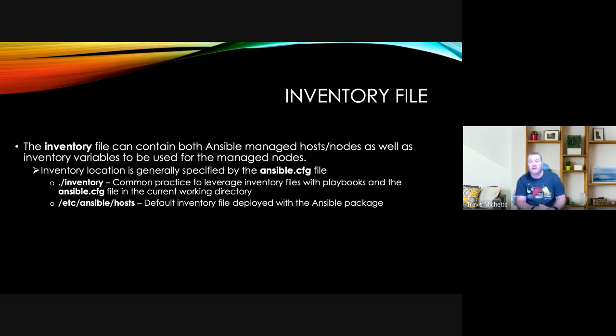And then the inventory file is what you're going to need in order to execute your Ansible ad hoc commands or playbooks against hosts or Ansible nodes, managed nodes that are in the inventory. Because what we learned last time is our Ansible managed hosts or managed nodes are not only computers, but they can be network devices or basically any Internet of Things. If it's got an IP address, most likely there's a way you can finagle Ansible to manage that device.